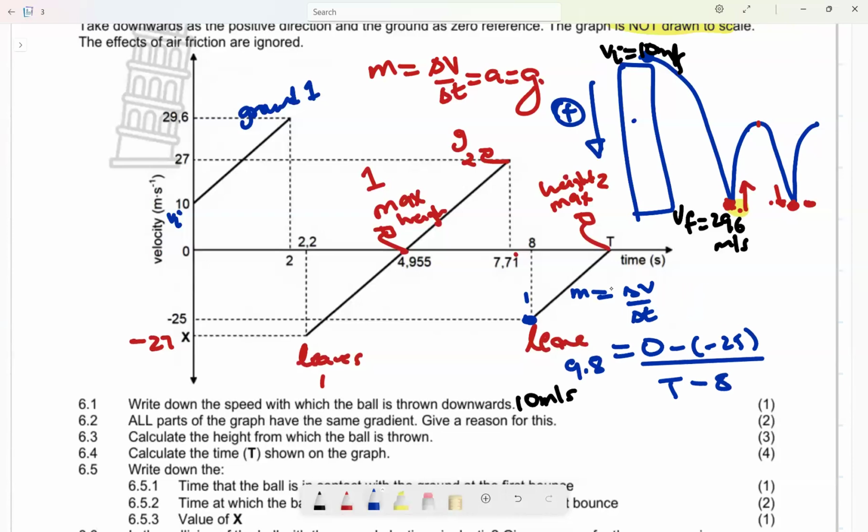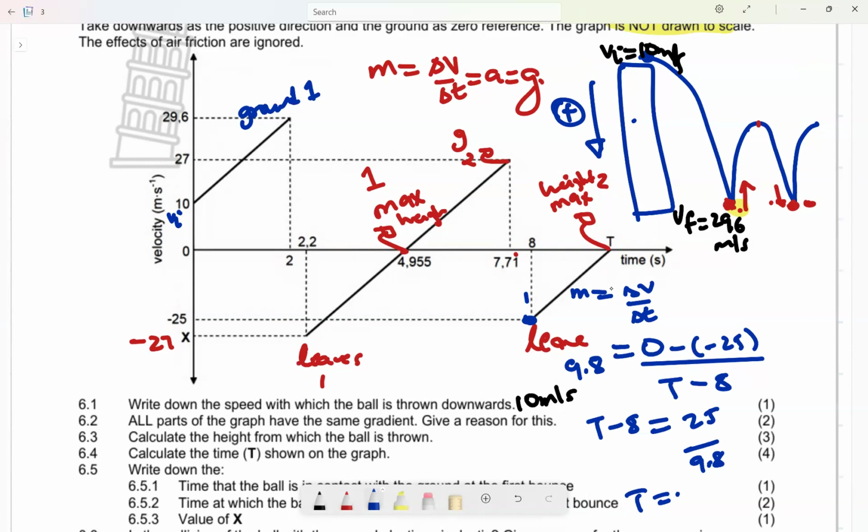Do your mathematics: t minus 8 is equal to, cross multiplying, 25 divided by 9.8. Then you take 8 to the other side, it becomes 25 divided by 9.8 plus 8.